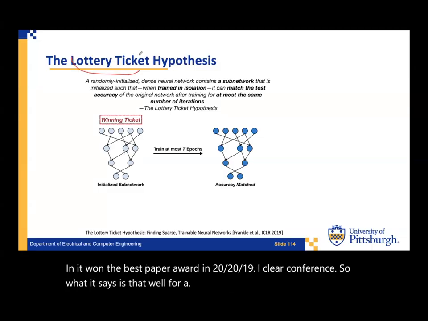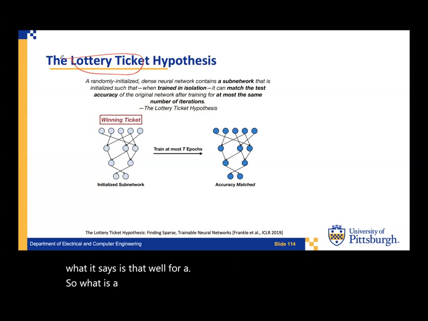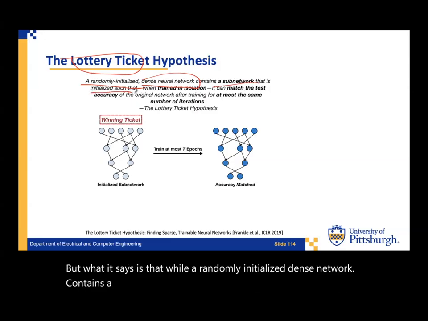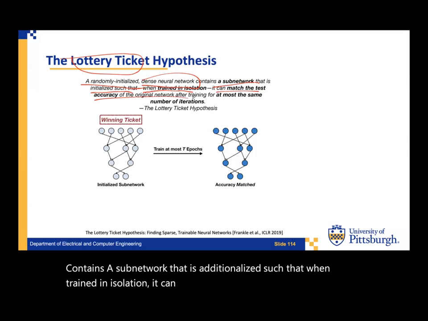So what is a lottery ticket? It says that a randomly initialized dense network contains a subnetwork that is initialized such that, when trained in isolation, it can match the test accuracy of the original network after training for at most the same number of iterations.